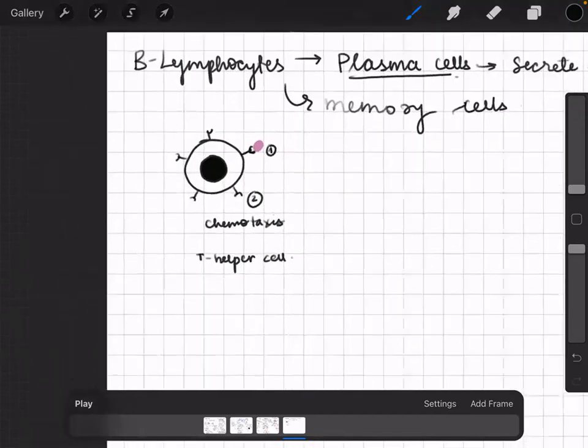Now, this T helper cell is going to bring in your T cell, and the T cell will go and attach to this particular pathogen, engulf it and kill it. That is the basic function that is going to take place over here.